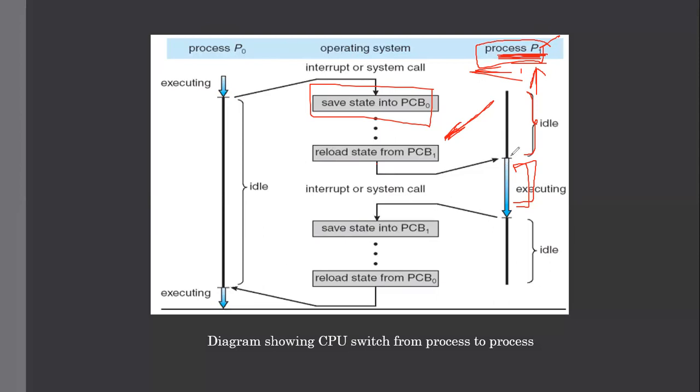Then the CPU has started executing P1. Now suppose that while executing, another interrupt or system call occurs.